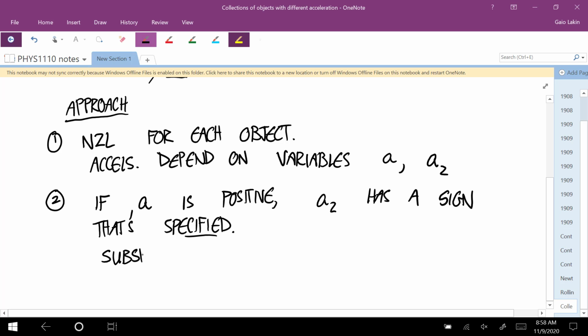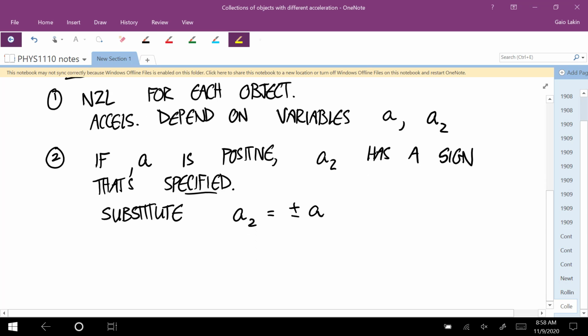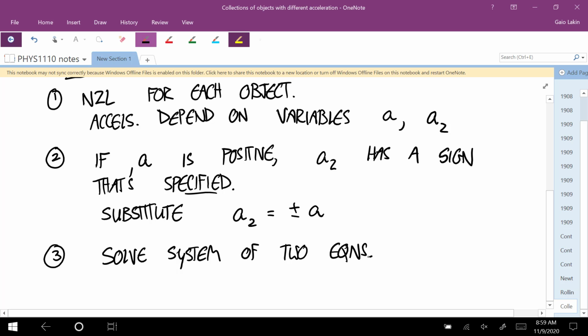And so you're going to substitute A2 equals plus or minus A, depending on which sign it is, into the equation that has A2. And then the last step is now you have a system of two equations for two variables, and you can do that by substitution.